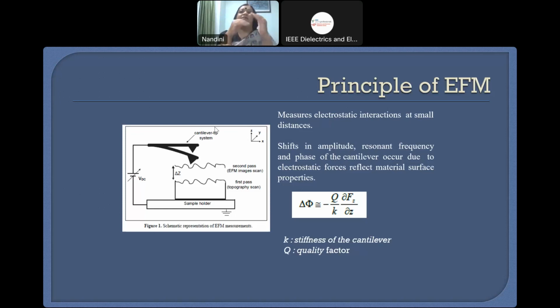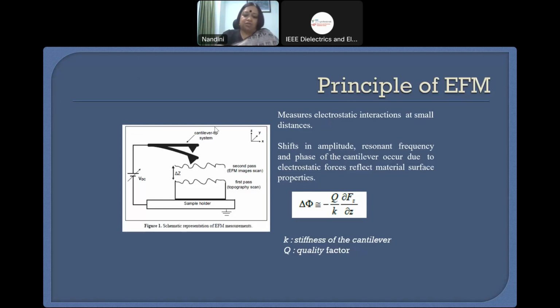That means if we are over the filler or over the polymer, because of the change in material permittivity, the electrostatic force will change, and as a result, we would see it in the phase image.